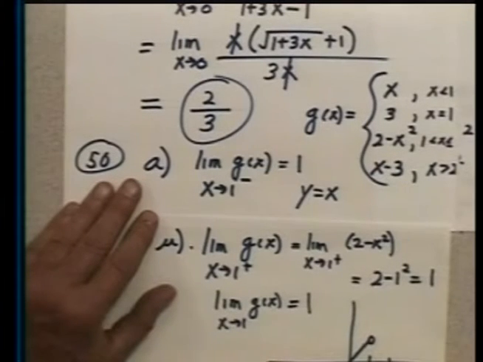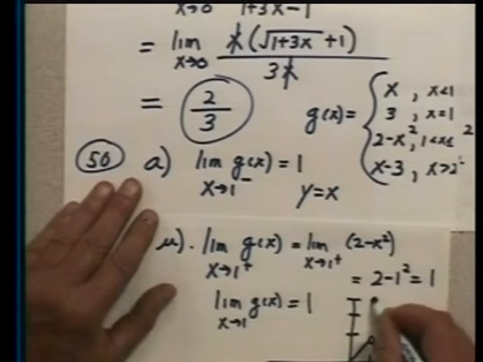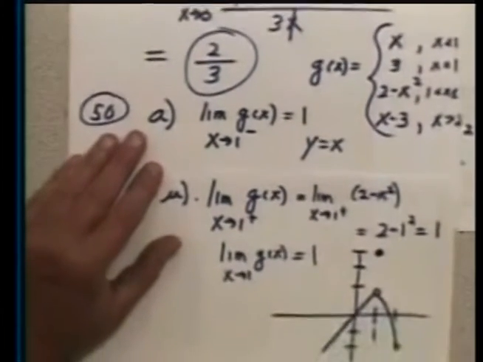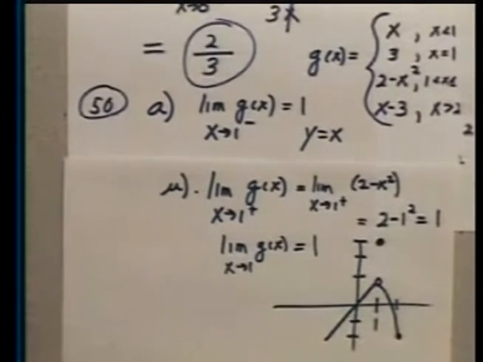But you're going down here, so it kind of curves down like that. So you're headed for 1, but when you actually get to 1, you're not at 1, you're way up here at 3. That's kind of the picture of what's going on initially. And that's why they said draw the picture when you're done, so you can actually see what the graph looks like to produce the results you got in part A.